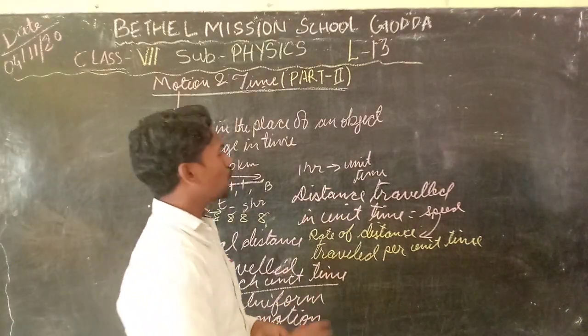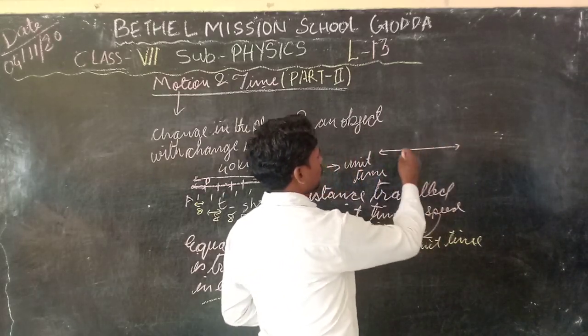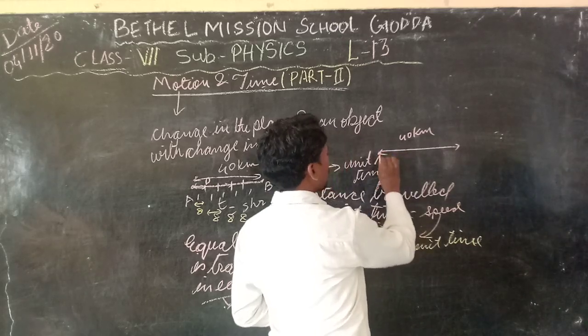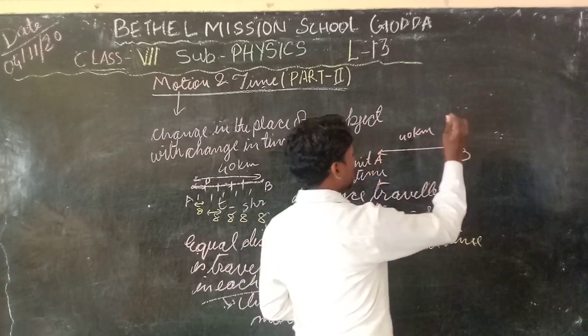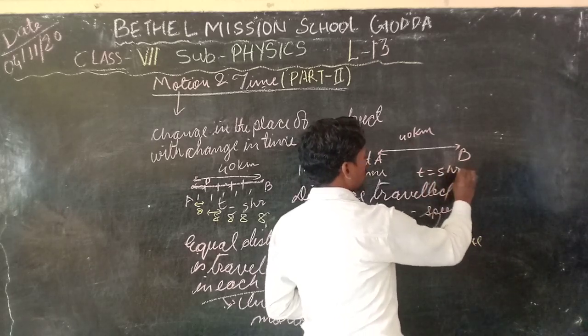But if the condition were that, let there again be a 40 kilometer distance, this is point A, this is point B, and T is equal to 5 hours.